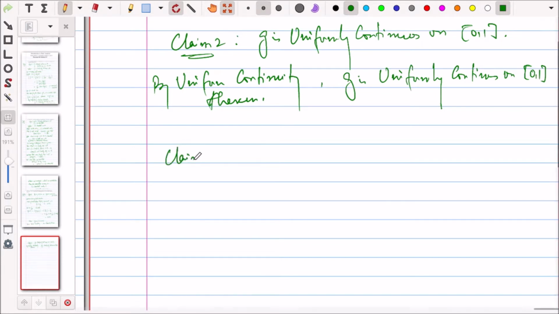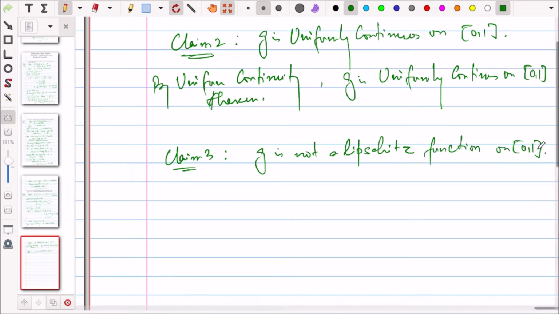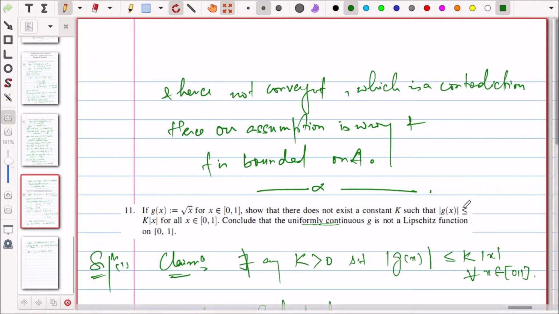Now claim 3: g is not a Lipschitz function on [0, 1]. This we have to deduce from the given result, so we will use this fact.